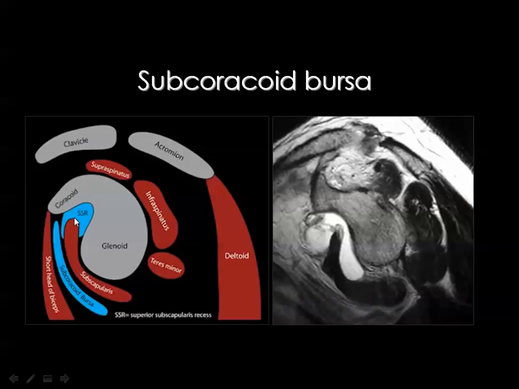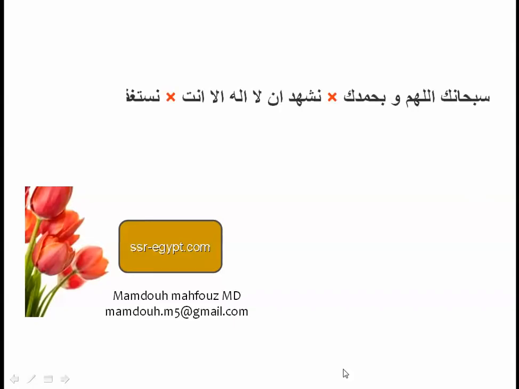Underneath the coracoid is the superior subscapularis recess, and this recess is continuous with the joint. It will fill with fluid if the joint is containing fluid. Then outside the subscapularis, you can see the subcoracoid bursa here, and underneath the subscapularis you can identify the subscapularis bursa. And I thank you very much.